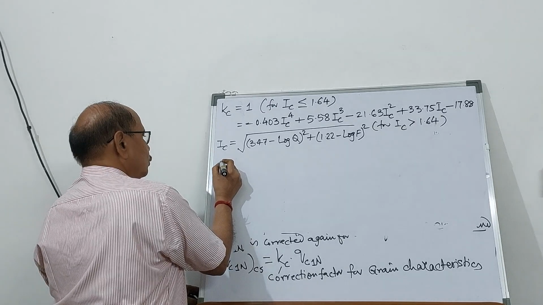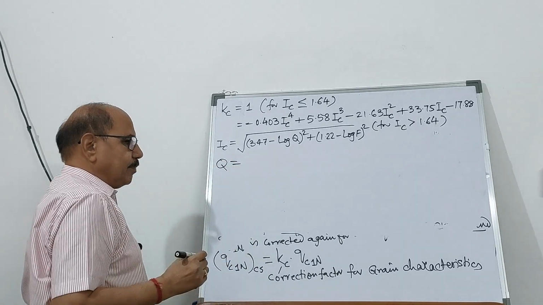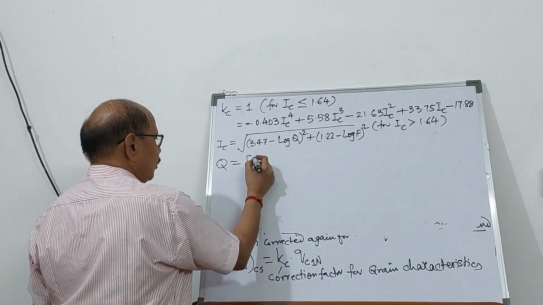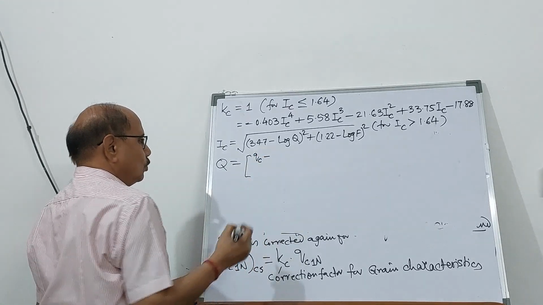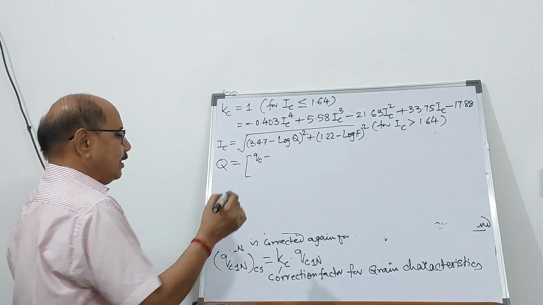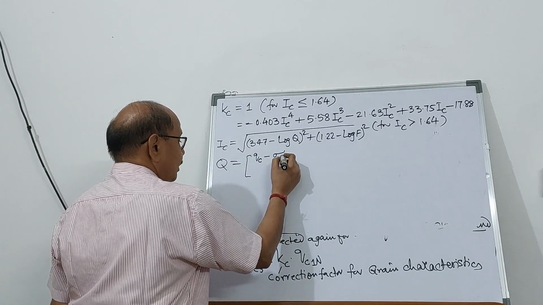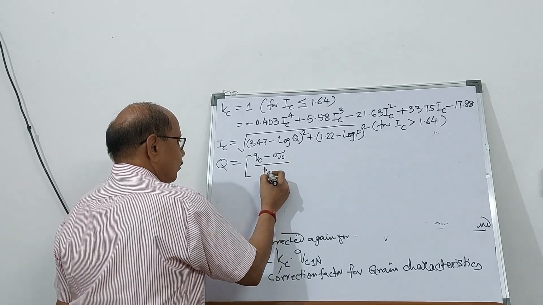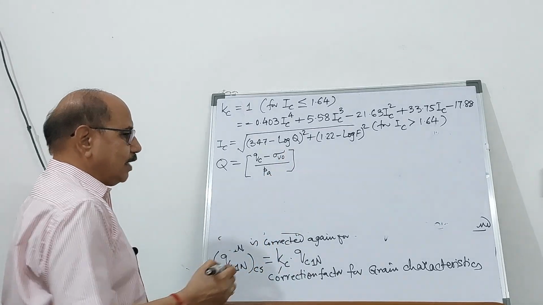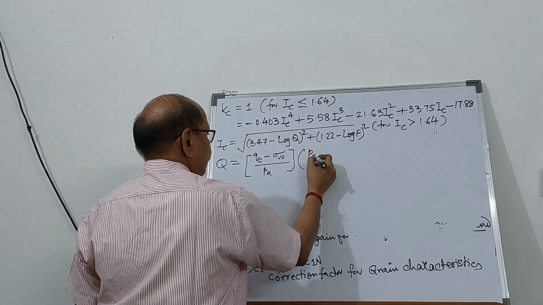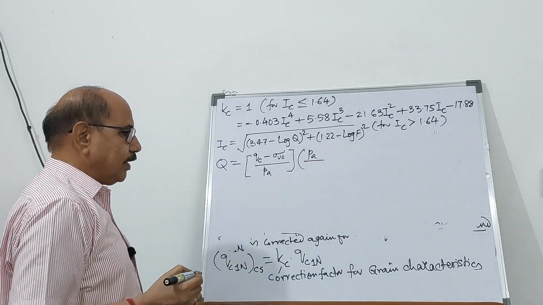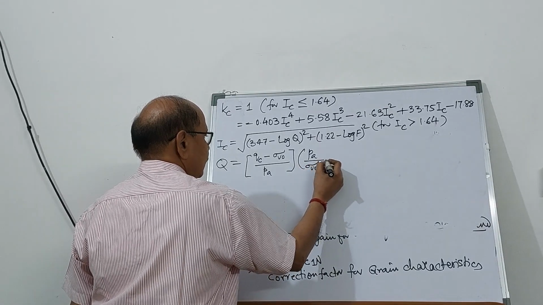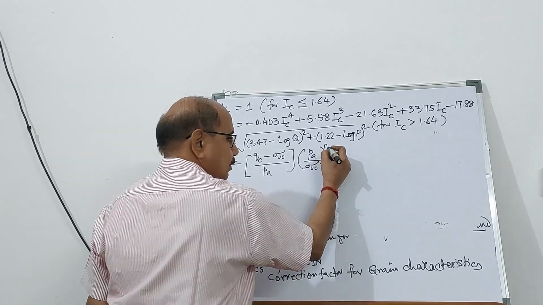This value of q can be calculated very easily by knowing the value of cone tip resistance qc minus the total vertical overburden pressure, divided by atmospheric pressure, multiplied by the atmospheric pressure divided by effective overburden pressure raised to power n.